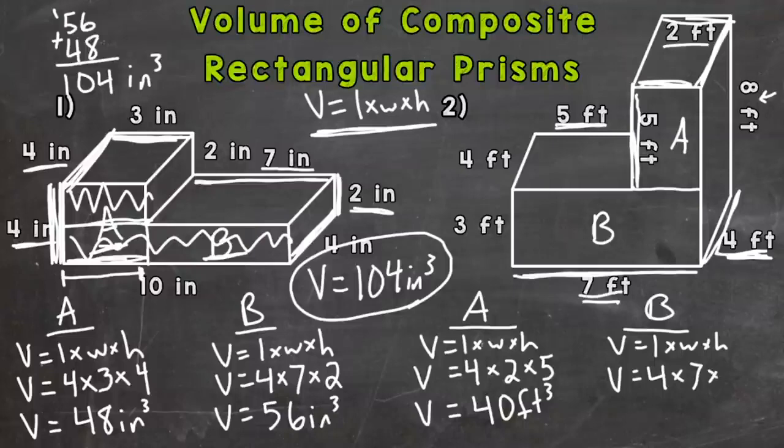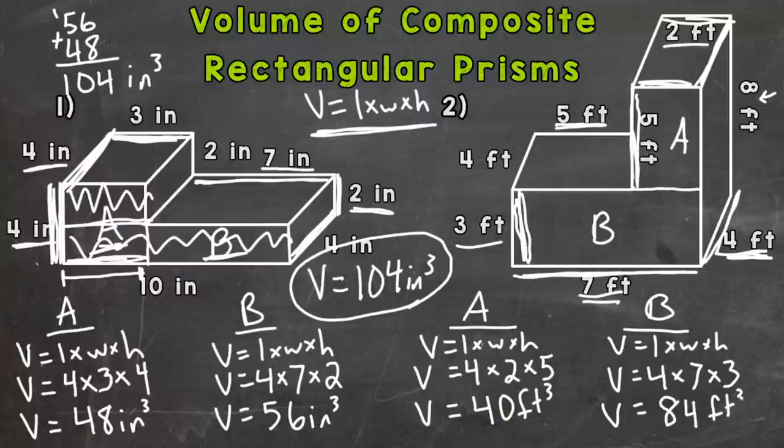And then times the height, don't use the 8, because again, the 8 is all the way up. It includes A and B. So we want right here, which is this 3 feet. You do not have to use all of the numbers when you get to these types of problems. So 4 times 7 is 28, and then 28 times 3 is 84 cubic feet.